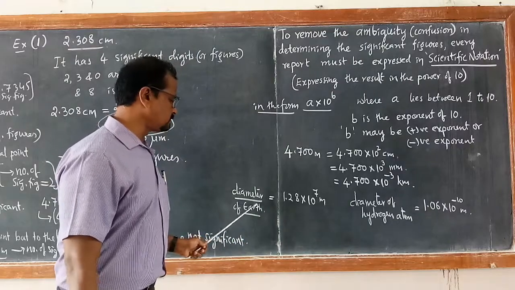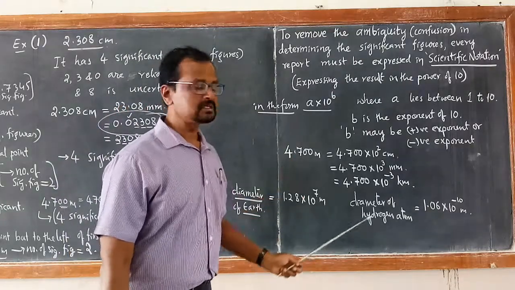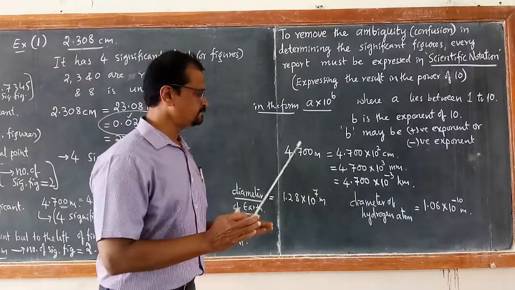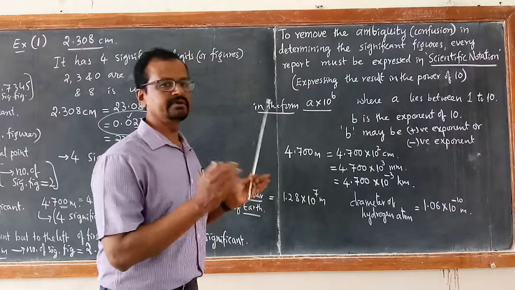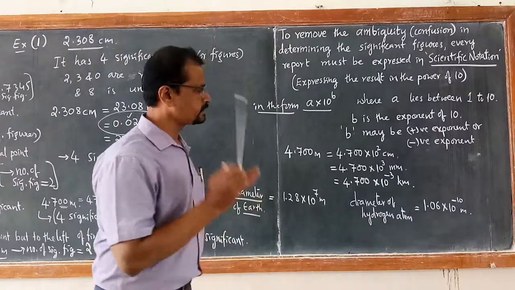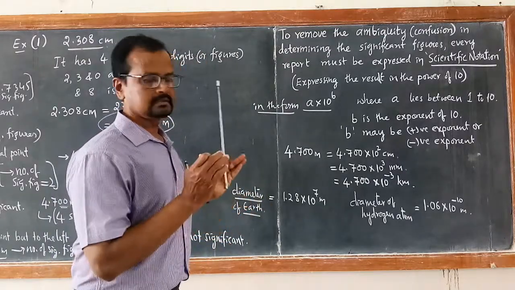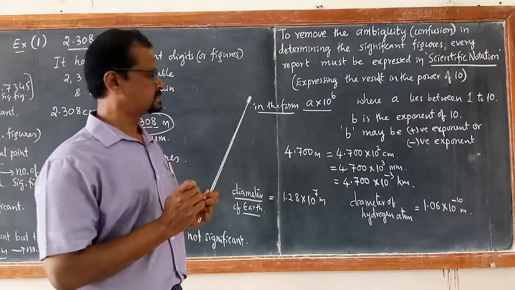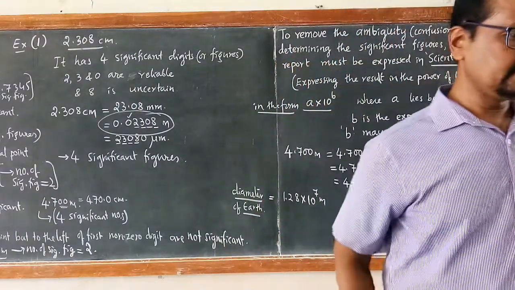So the diameter of Earth is of the order of 10 to the power of 17 times the diameter of hydrogen. This is the advantage of expressing any given result in scientific notation. It also helps us find the exact number of significant figures, significant digits.